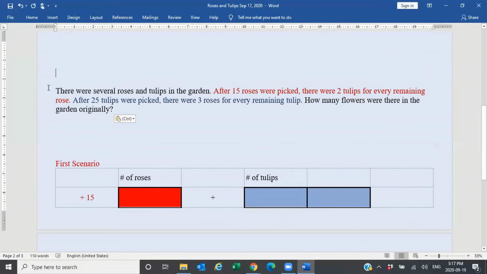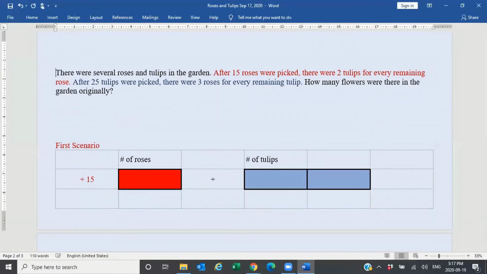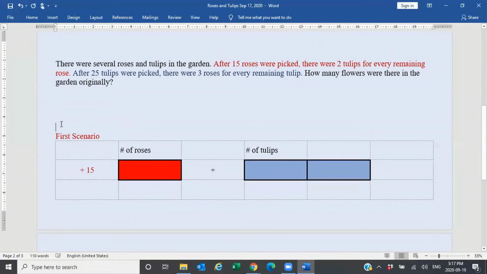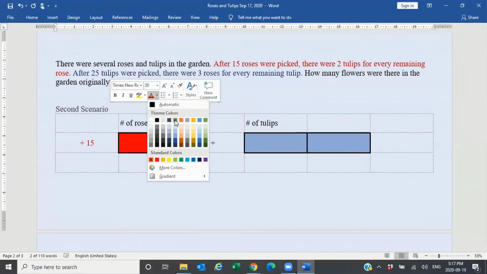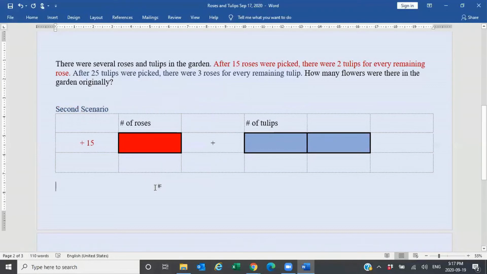I don't think we need that much space. So let's put this here, there we go. We'll also name this the second scenario. And I'll highlight it blue to match the blue part of the question that we will be making this for. There we go. So now we have this.